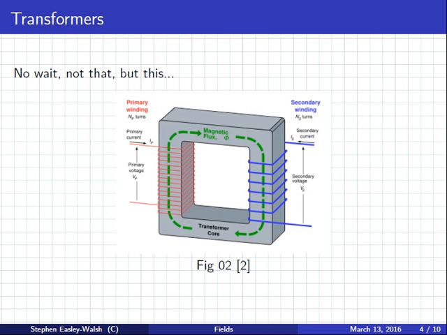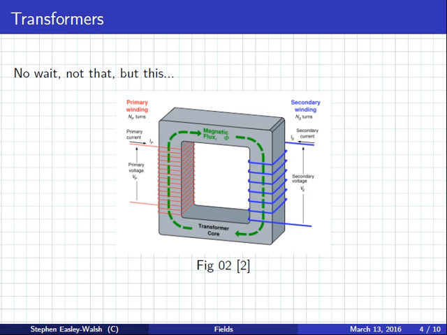Now, transformers are actually very, very simple electronic devices. In fact, to make a transformer, you literally only need two things. You need some piece of iron shaped like this, this rectangular shape here, and you just need some wires.